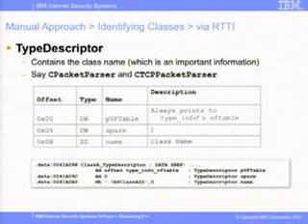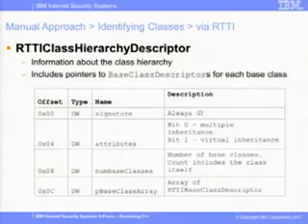The class name is mangled. It has the class name in between a dot, a question mark and AV, and then the class name, and then two at signs. This is how the class hierarchy descriptor looks. The attributes field contains information on whether it's multiple inheritance or virtual inheritance.